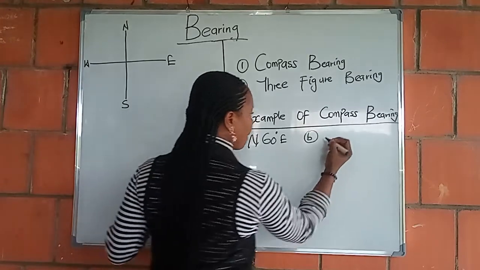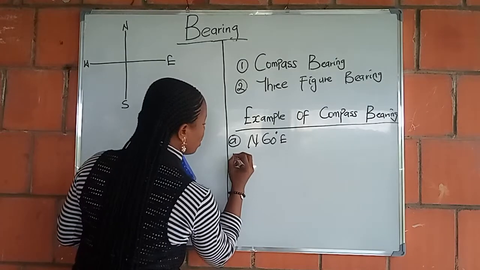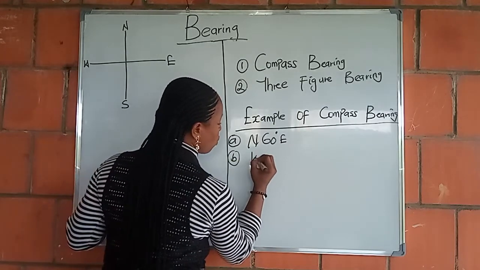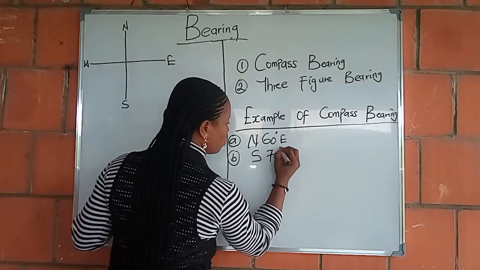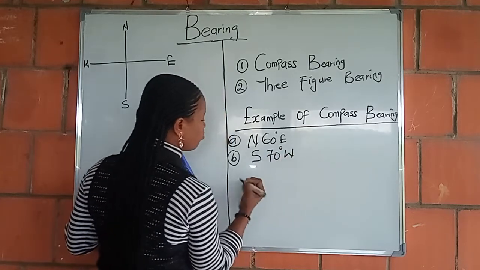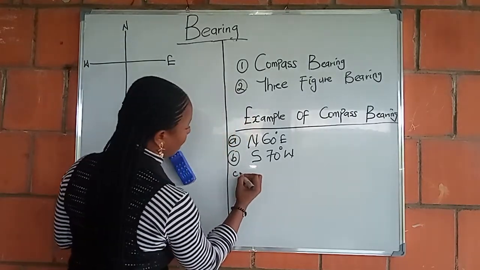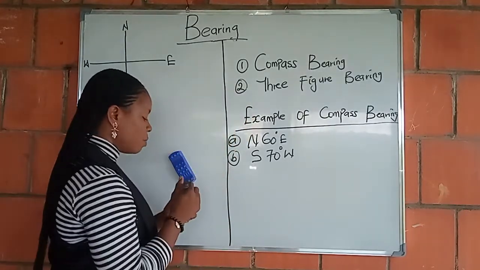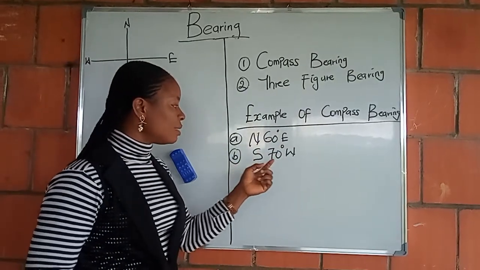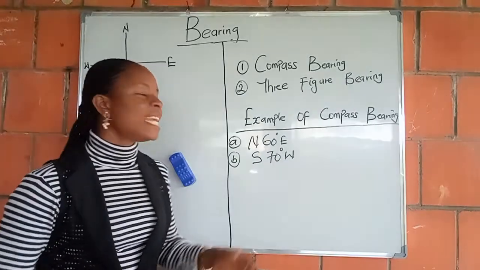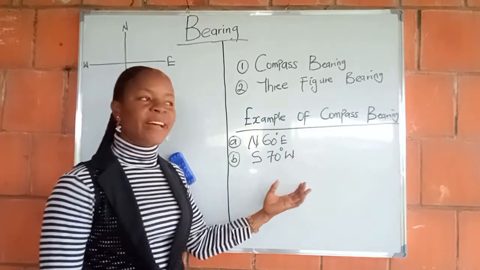B, we have south 70° west. We have north 60° east, we have south 70° west. This is an example of compass bearing. This is how compass bearing looks like.